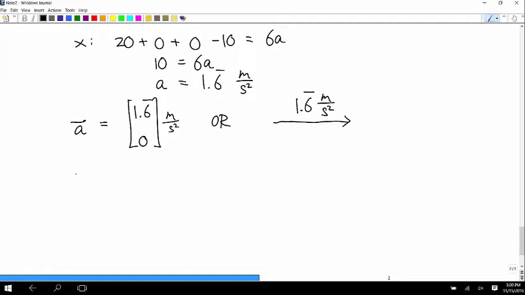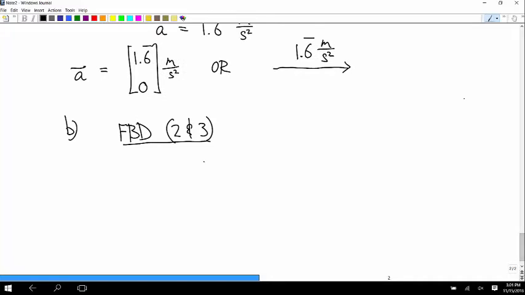All right, so part B, we're going to isolate the 2 and 3 kilogram parts together. Okay, so the forces acting.